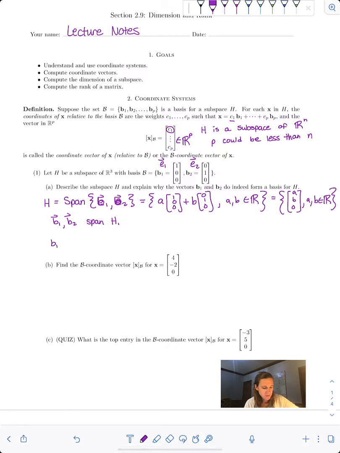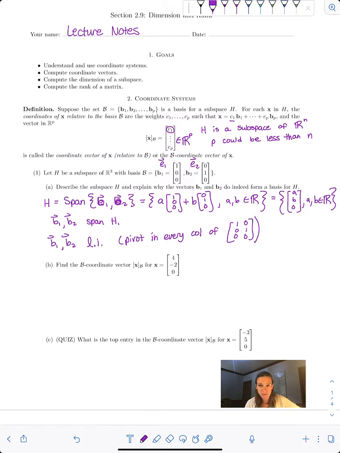And if you look closely, they're linearly independent since there's a pivot in every column of the matrix you get when you put those vectors into a matrix. So they span and they're linearly independent, so they form a basis.